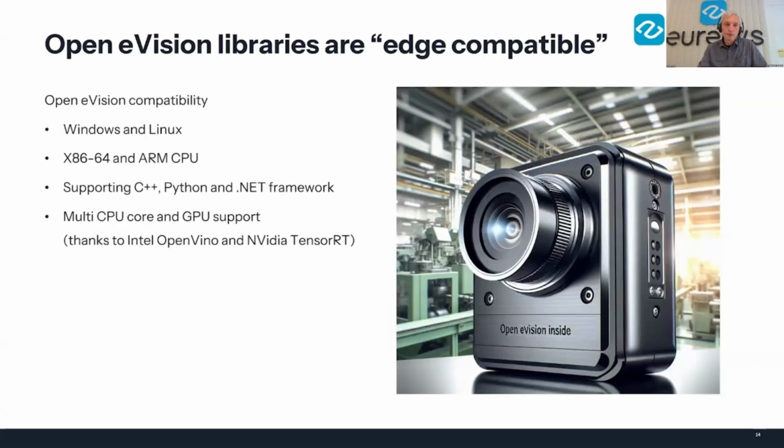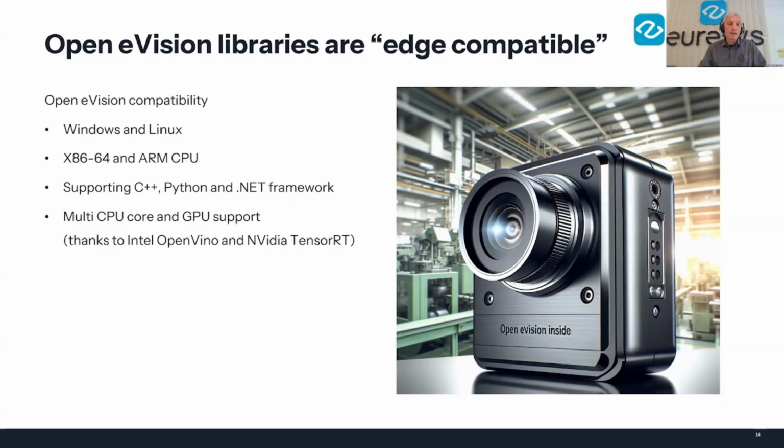Okay, so that's Open eVision, the libraries themselves. But why do we think that Open eVision is good for edge processing? Because Open eVision runs on a broad range of devices. It's on Windows and Linux operating systems, on Intel CPU, but also on ARM CPU. And you know that ARM CPU is well used on embedded platforms.